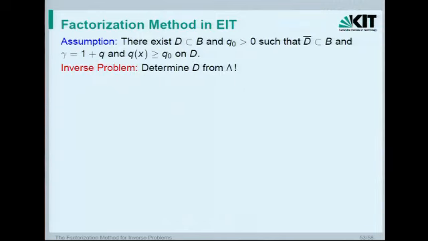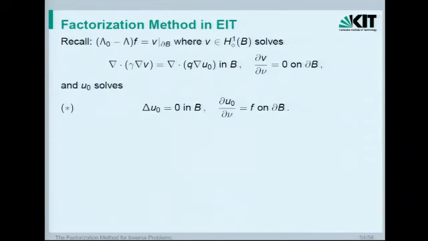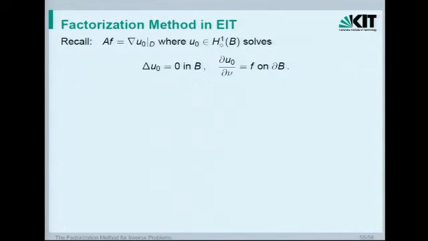And so the problem is to determine D, where the contrast differs from 0. And here we work with a relative Neumann-Dirichlet map. So we look at the case lambda 0, where the contrast is 0, and at the difference there. I won't go through that.